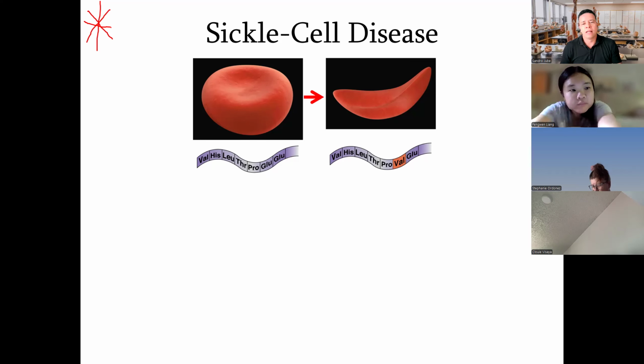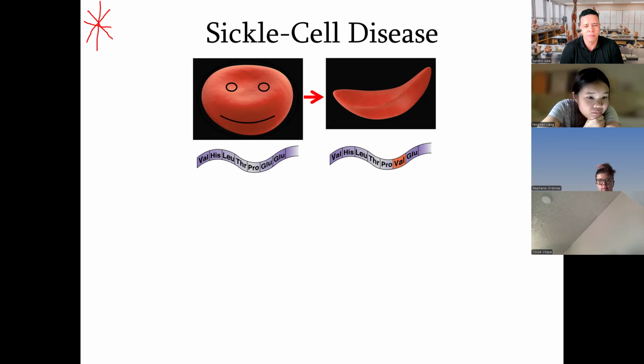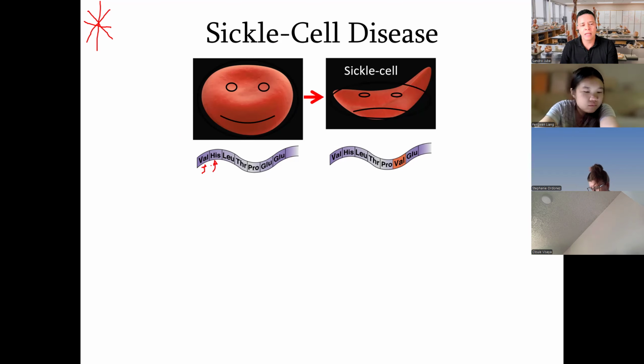Okay? Now, on the left-hand side, we can see a normal, happy red blood cell. If you don't believe me, just look at it. It looks happy. And we can see that this red blood cell has this sequence of amino acids, and the sequence of amino acids makes a normal beta chain of the hemoglobin.